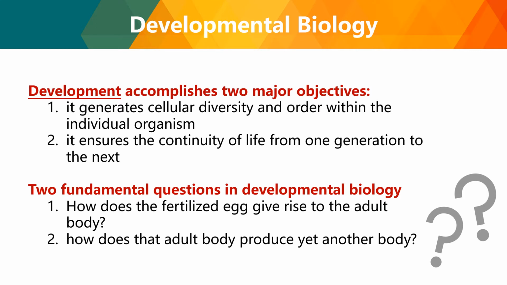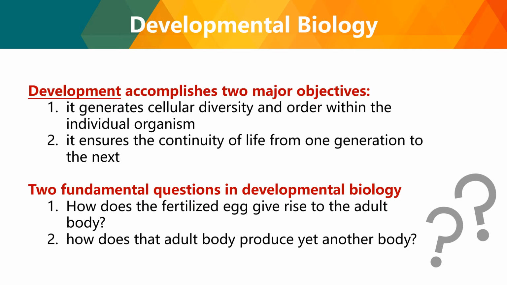But then there are also fundamental questions in dev bio that should be addressed, and one of them would be, how does the fertilized egg give rise to the adult body, and how does this adult body produce yet another body. So these are just fundamental questions that linger about developmental biology, and there are several categories that we can use to scrutinize such questions.